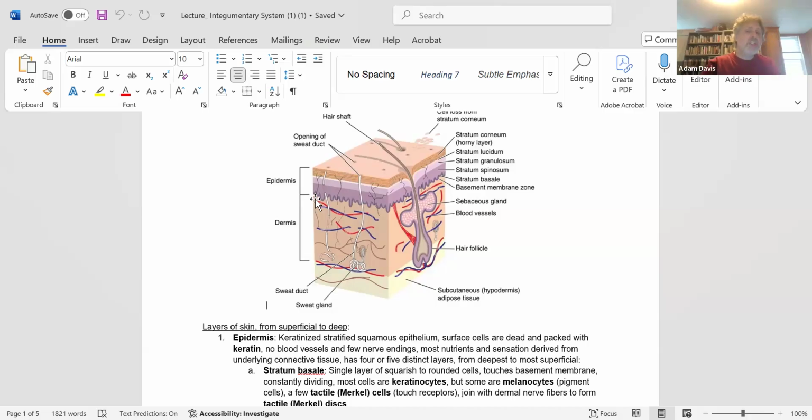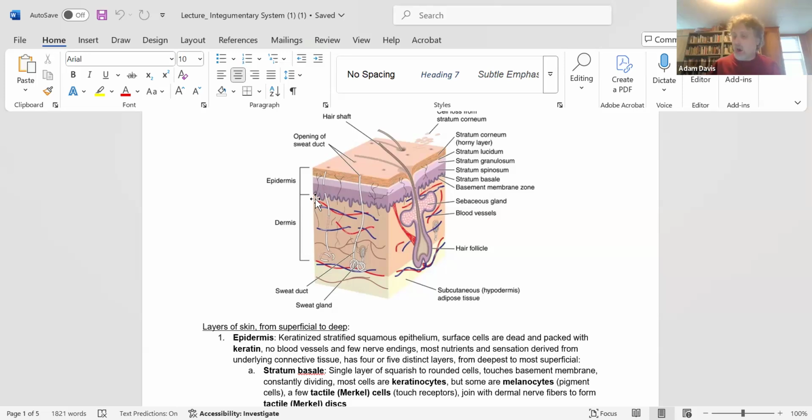Now, the tissue of the dermis is not all uniform. The papillary layer, the upper 20% of the dermis, where the dermal papillae are found, is largely areolar connective tissue.